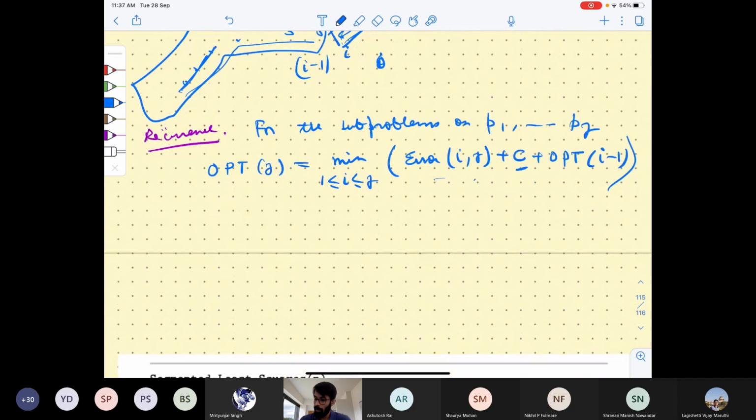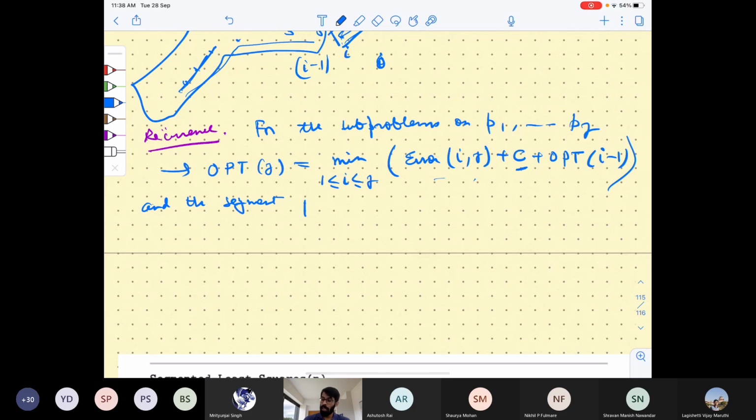And from this we can find the solution also. This just gives you the optimum value, but we might want to find the optimum solution also, that is, what the segments are.